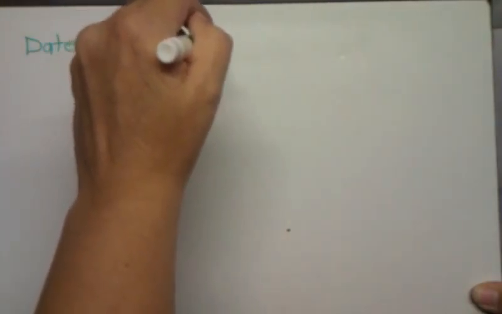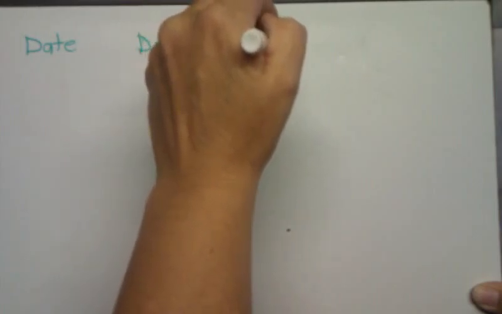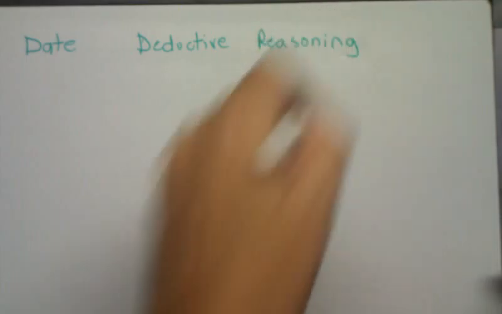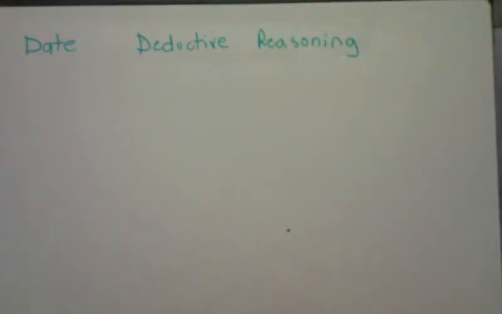Let's go ahead and skip a space in your notes. Write today's date. And this lesson is called deductive reasoning.